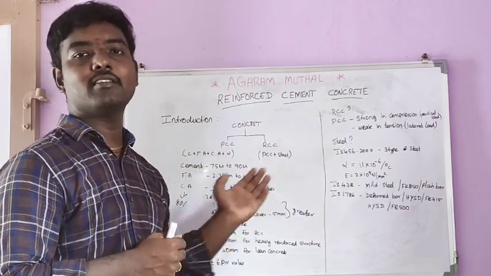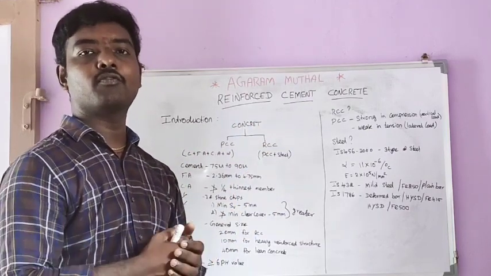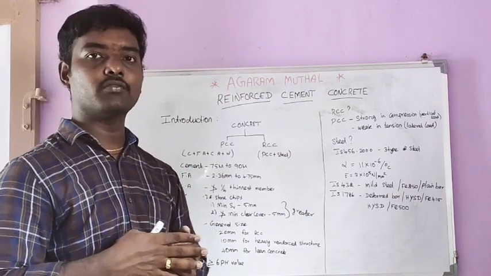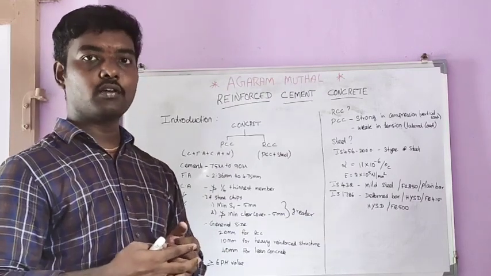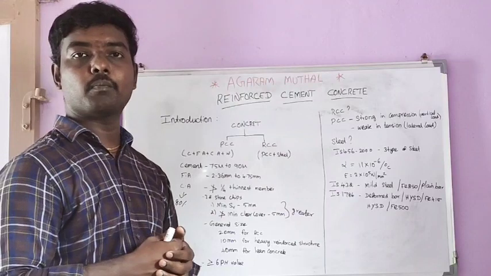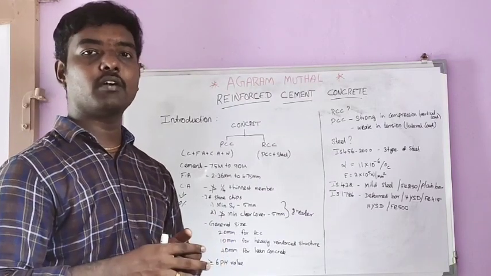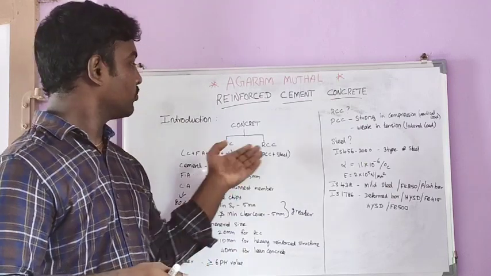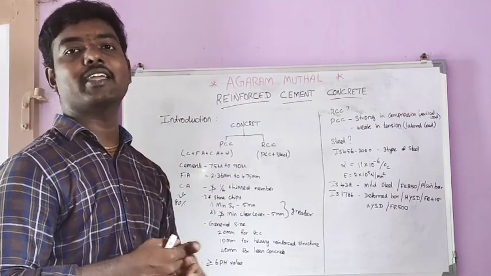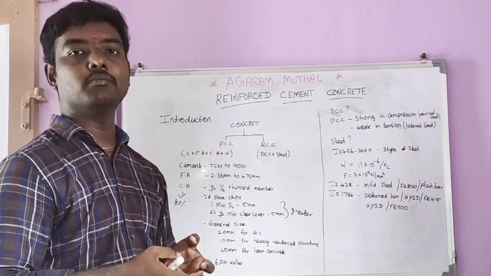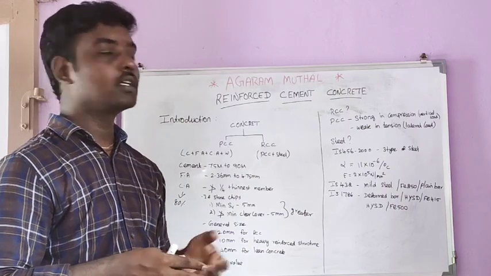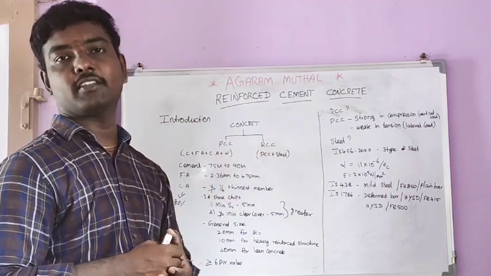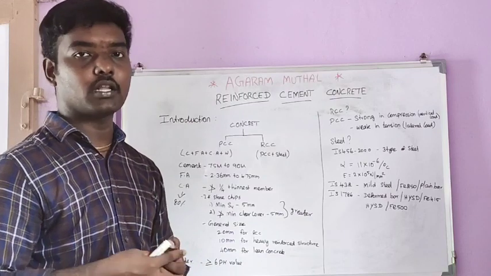PCC generally lays at the bottom of the foundation for leveling purposes. But for most components like slab, beam, column and the foundation itself, we use RCC, reinforced cement concrete.